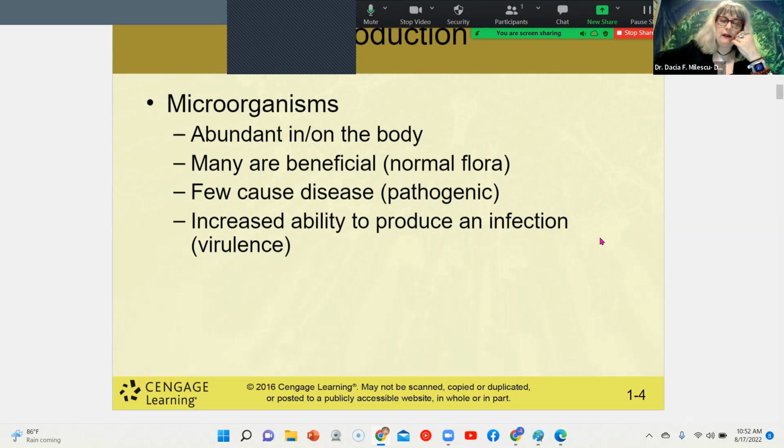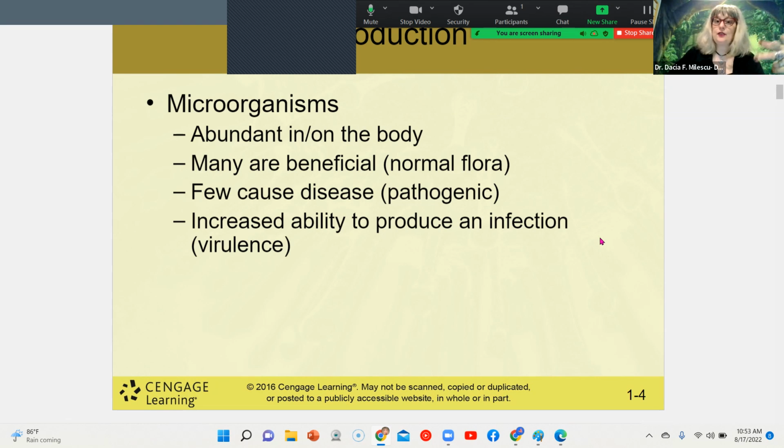All right, now the bacteria that cause disease are called pathogenic bacteria. Of course, we are focusing right now on bacteria, but throughout our journey in microbiology, we will be talking about bacteria, we will be talking about viruses, we will be talking about prions, which are protein structures on their own.